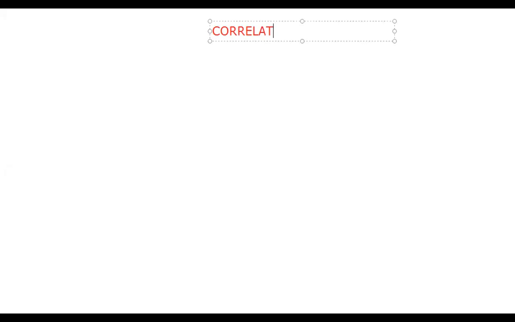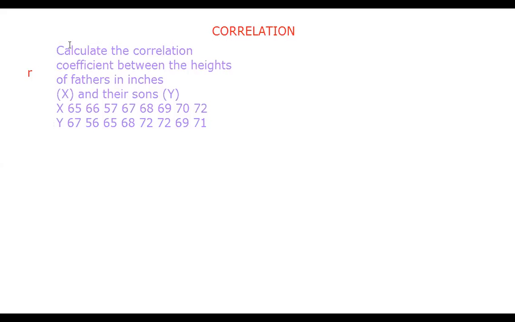So we are about to discuss the Karl Pearson coefficient of correlation. Let me write the formula here. Small r represents correlation, right?